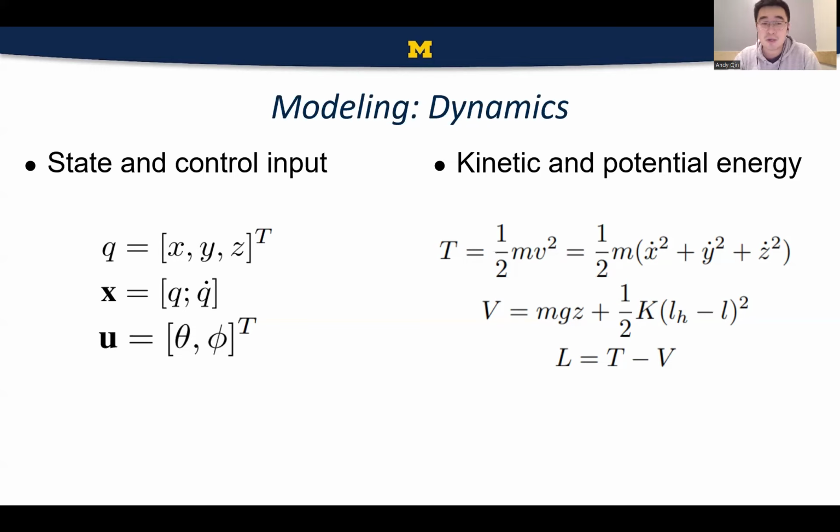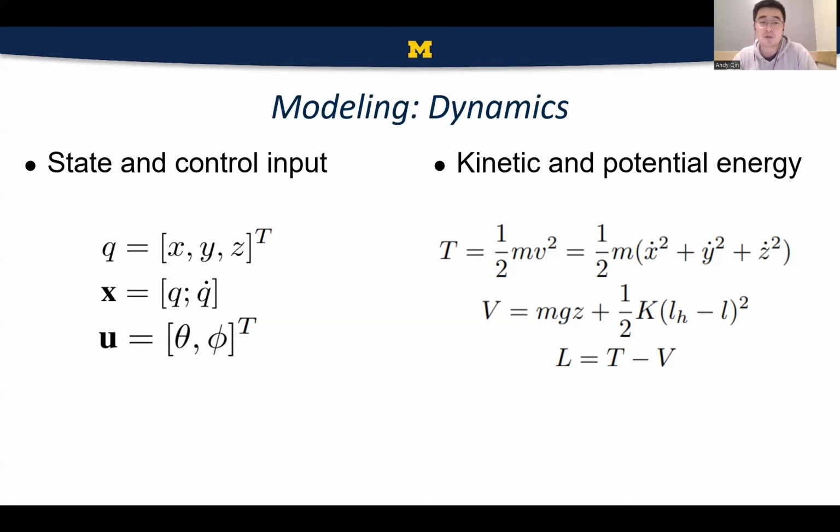Our control input, however, is theta and phi, which is the contact angle and the direction of the robot that I mentioned before. Now, the control only happens during the liftoff phase because that's when you can apply torque and change the angle of your leg. Once you're on the ground, you're restricted.